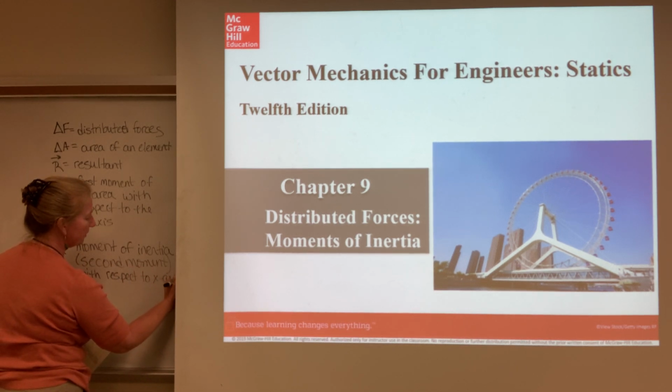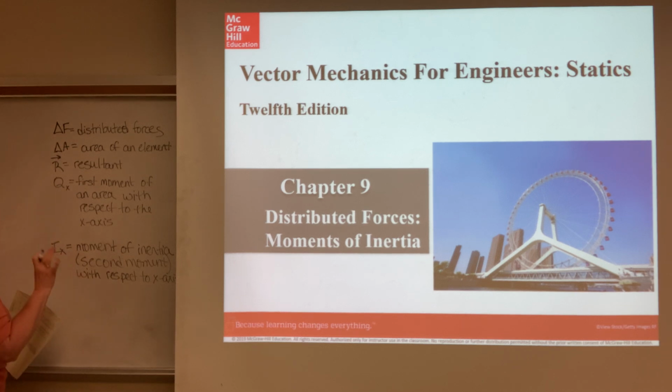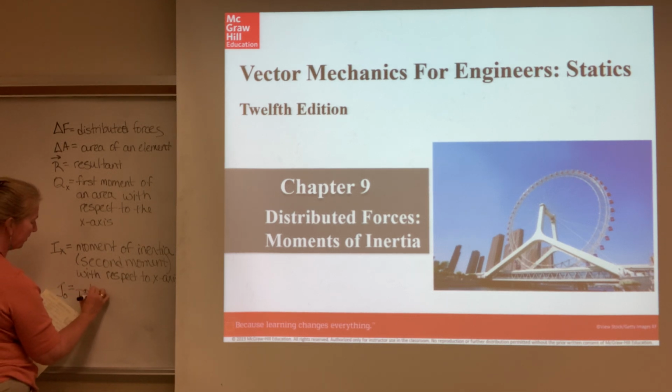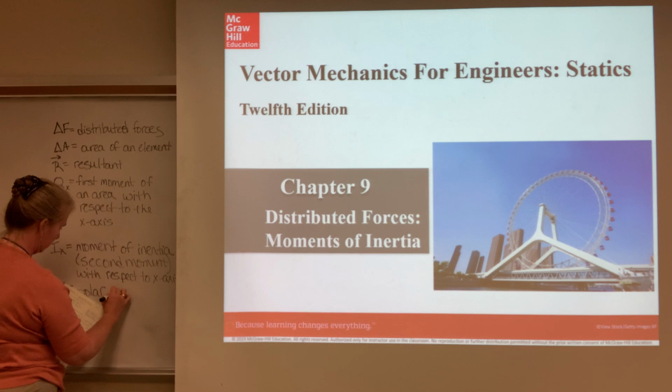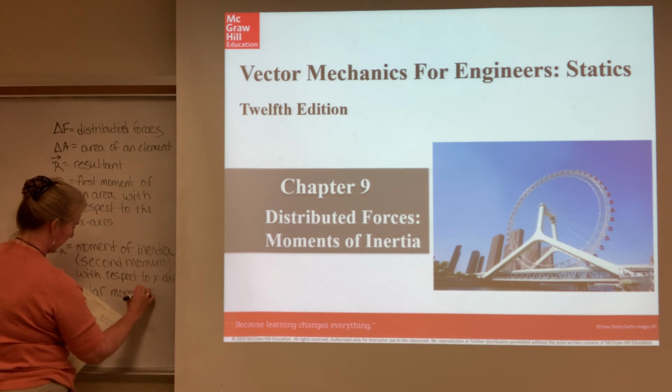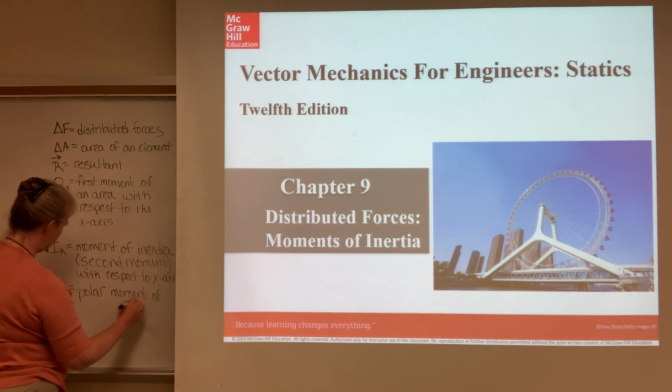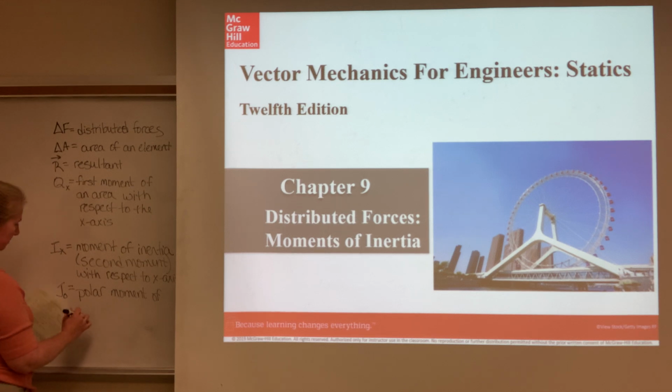Okay, and I know you may not be able to see this. We'll cover them on the screen, but I just wanted to capture a few as we got started. J sub O, this is a polar moment of inertia. Think polar coordinates. And the J sub O is about some origin.